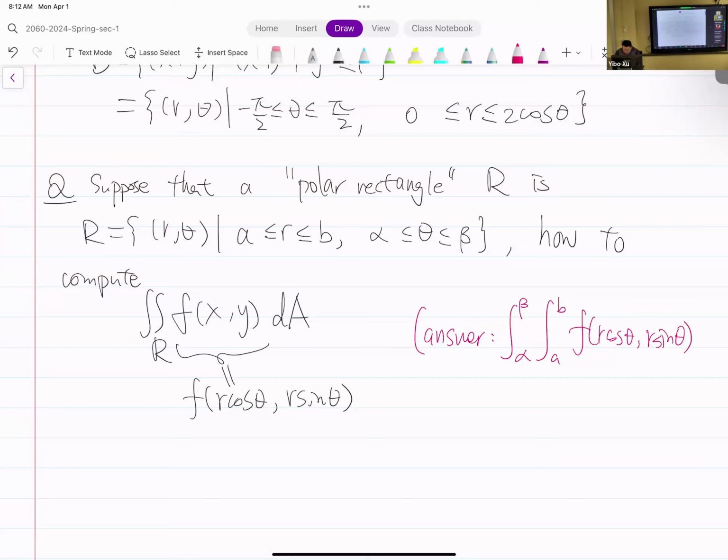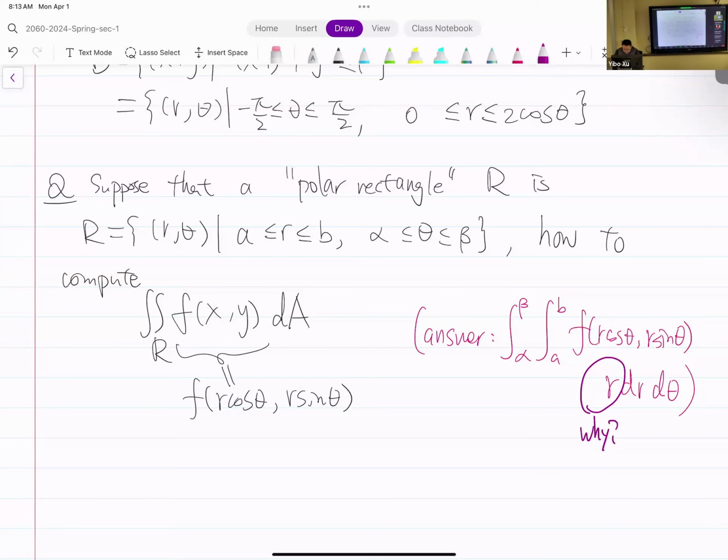But then for dA, it's r dr d theta. Okay. So still theta is on the outside, r is on the inside, but we have an extra r. We have an extra r here.